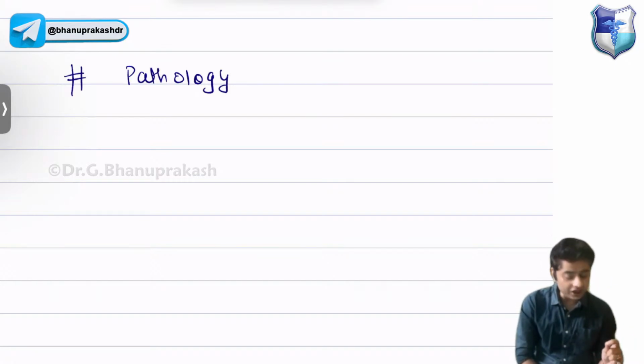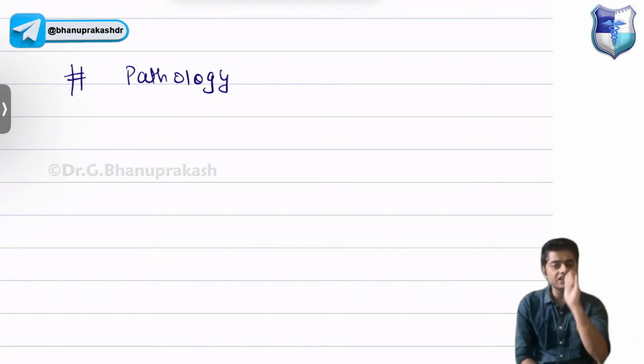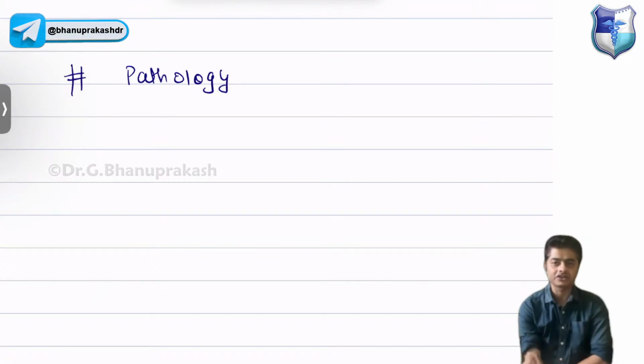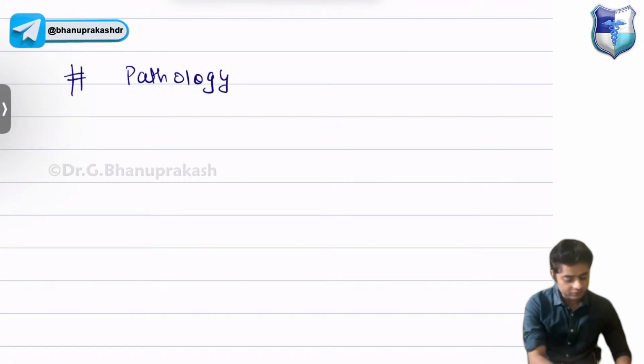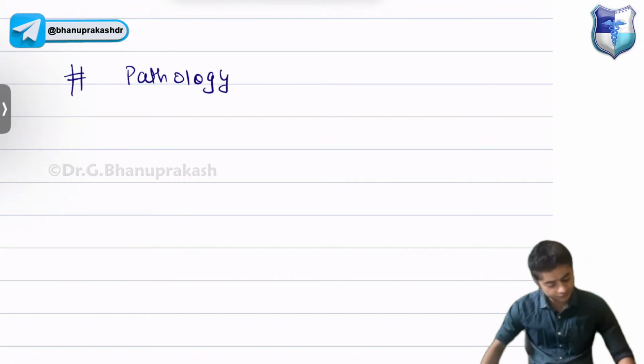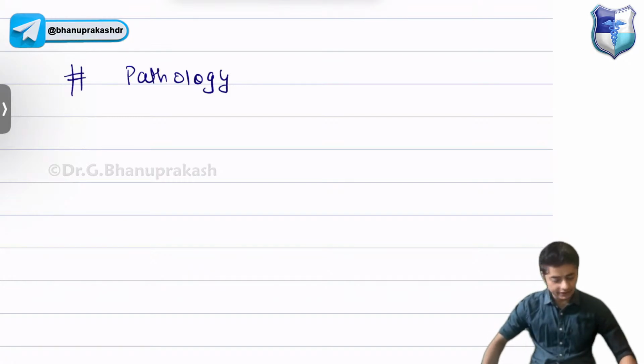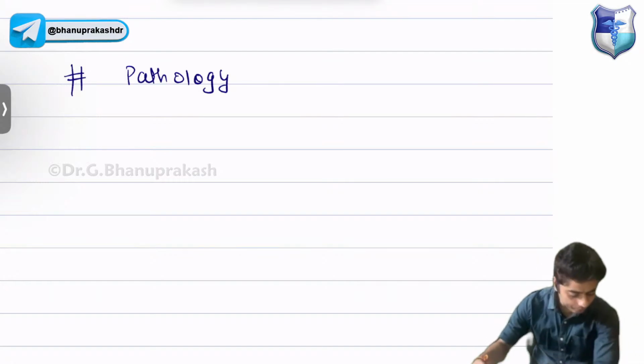Just tell me in the comment section, which part of the brain is most severely affected in Alzheimer disease? Anyone? Middle temporal lobe. Good.